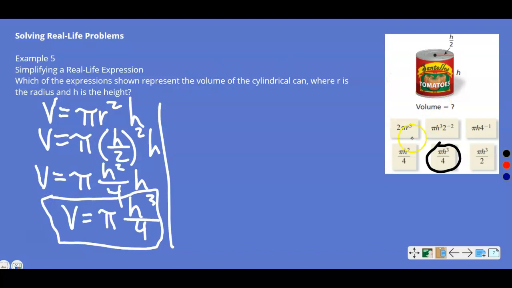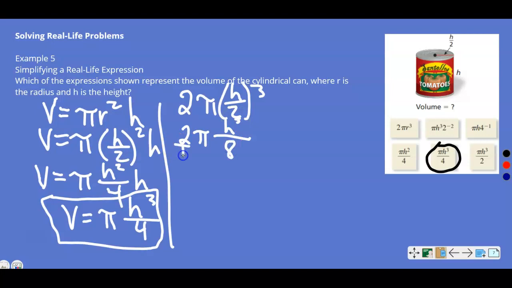So let's check 2 pi r cubed. Let's see, 2 pi, our radius is h over 2. And it says 2 pi r cubed. So our radius cubed. So we're going to have 2 pi h to the third power over 2 cubed, which is 8.